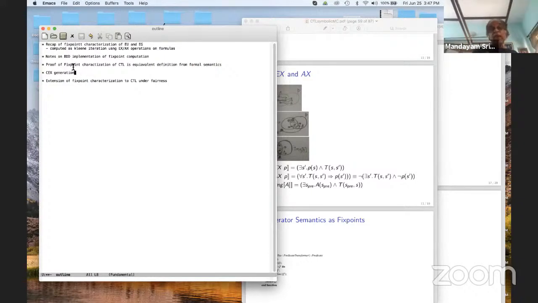you need some way of convincing yourself, through a formal proof, that the fixed point characterization of CTL model checking is equivalent to the definition that you have seen as semantics, the way that we define the formal semantics of CTL.